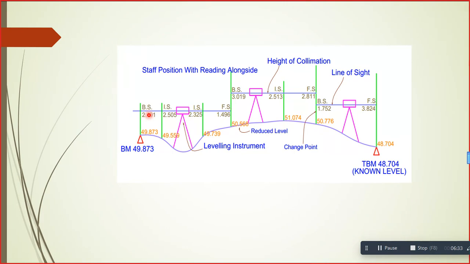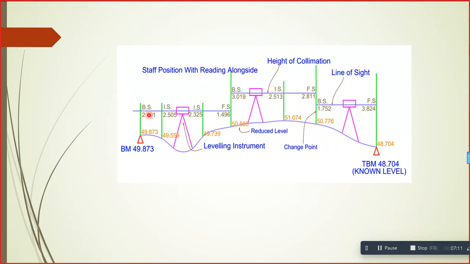So we are continuing on your screen. I hope you can see the position of the staff reading along. We can start at the benchmark 49.873. We have the first reading being 49.8373 and the instrument being 49.559 and another instrument sight being 2.325 as a reading, but we have the three reduced levels along.